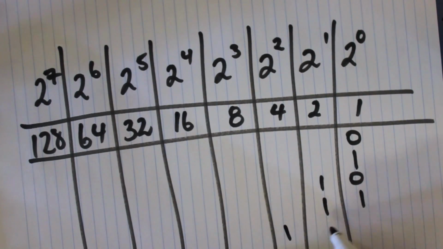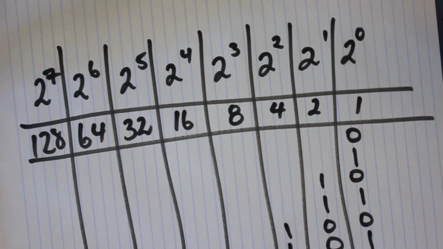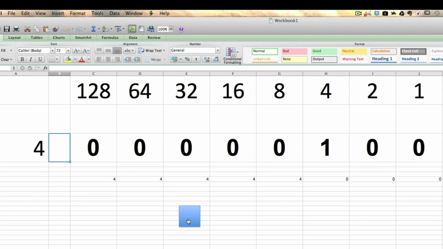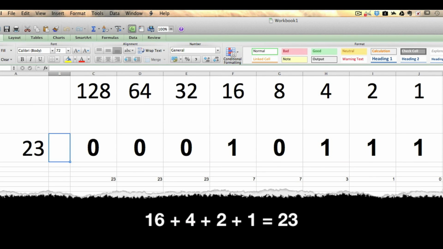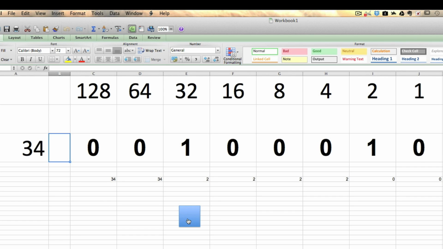So as we begin to count, we start in the first column with 0, then 1. But now we've used all the digits in this counting system, so we must move to the next column, which has a value of 2. So 1, 0 means one lot of 2 and no lots of 1. 3 is one lot of 2, one lot of 1. Now both columns are full, so we move to the next column, which is 4.